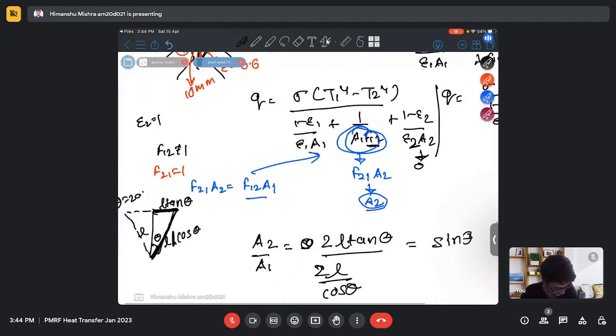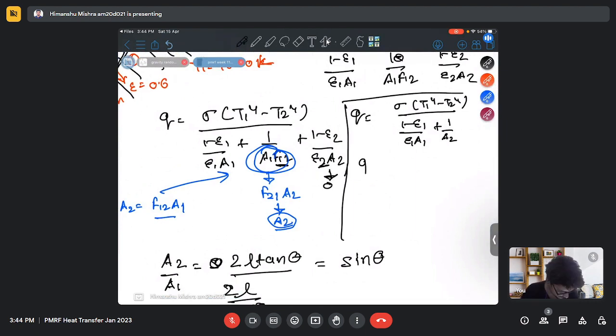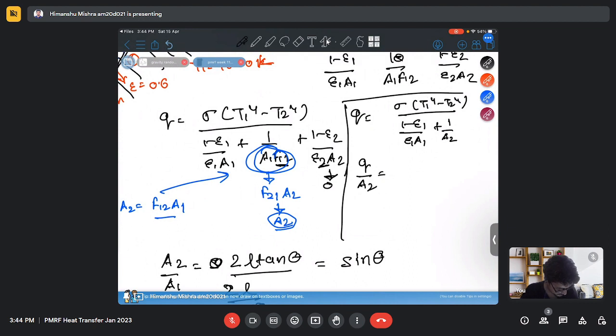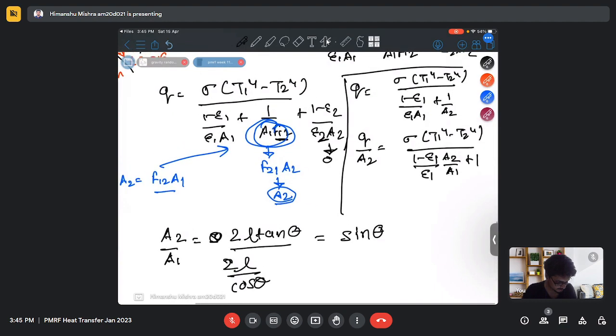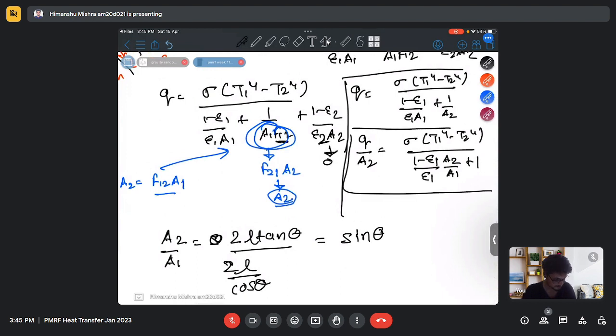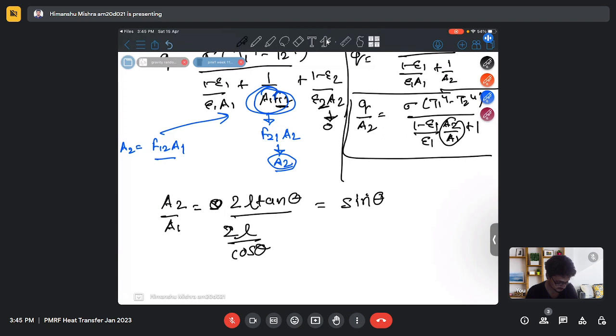So my radiating flux, which is the radiation heat transfer from surface 2 divided by A2, will be sigma (T1 to the power 4 minus T2 to the power 4) over (1 minus E1) by E1 times A2 by A1, plus 1. So this will be my radiating flux here. I just divided by A2 on both sides. That's it. So my A2 by A1 is just sin theta.